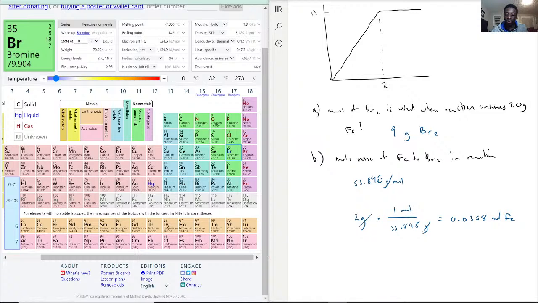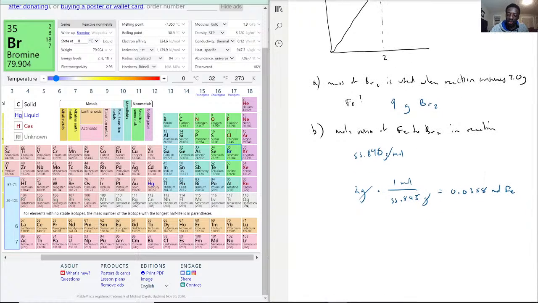Now bromine, as we said, has 79.904, but because we want the molar mass of bromine gas or liquid, it's still Br2, so we have to multiply that atomic mass by 2. So we have 9 grams divided by 1 mole of Br2, which is 159.808 grams, because 79.904 times 2.